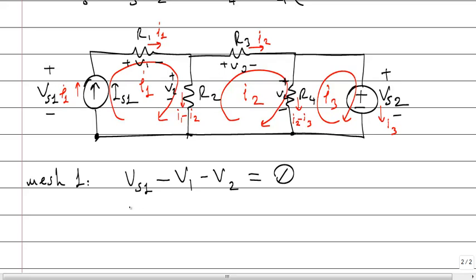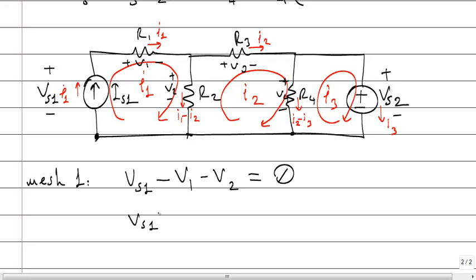So let's write the same equation using mesh currents. Same equation, V source 1. There is no relation between the mesh currents and V source 1. V source 1 is a voltage source. I don't know its voltage, but I cannot write a relationship between the currents. So it remains the same.